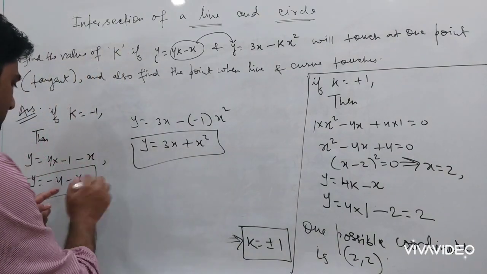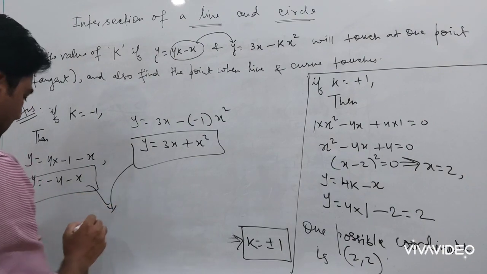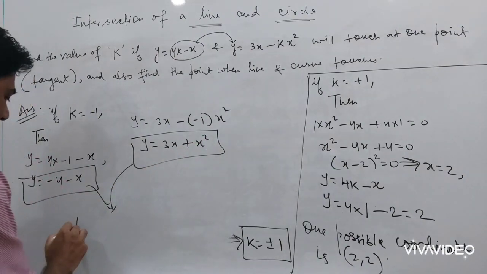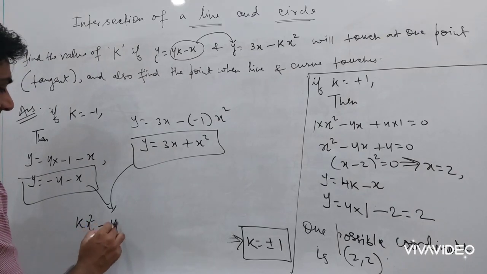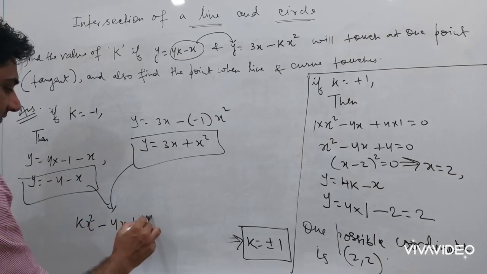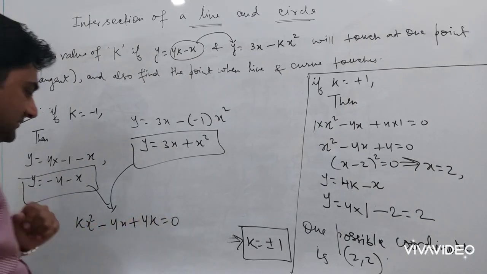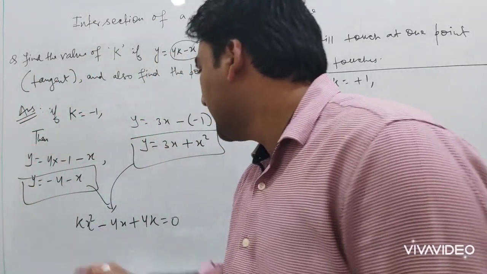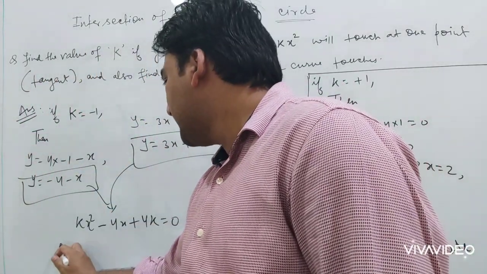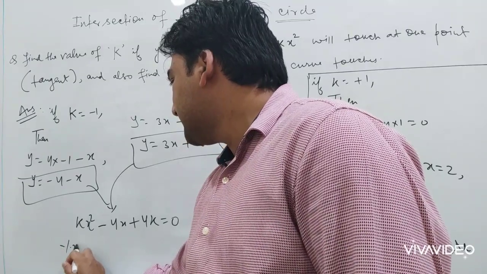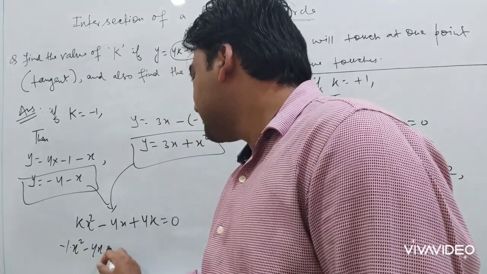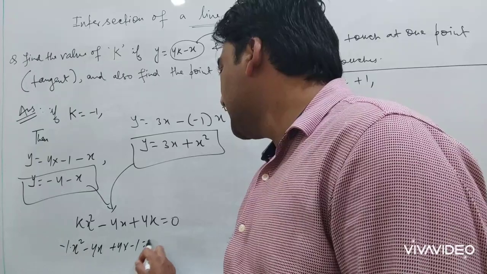So what was the solution of these two? I had written it over here. It was kx square minus 4x plus 4k, right? By the way, k is minus 1, so write minus 1. So minus 1x square minus 4x plus 4 times minus 1 equal to 0.